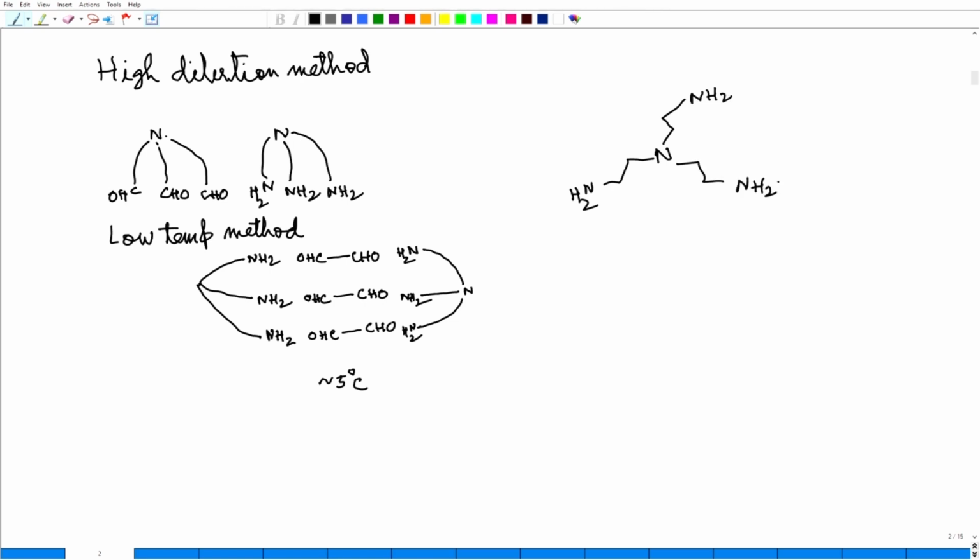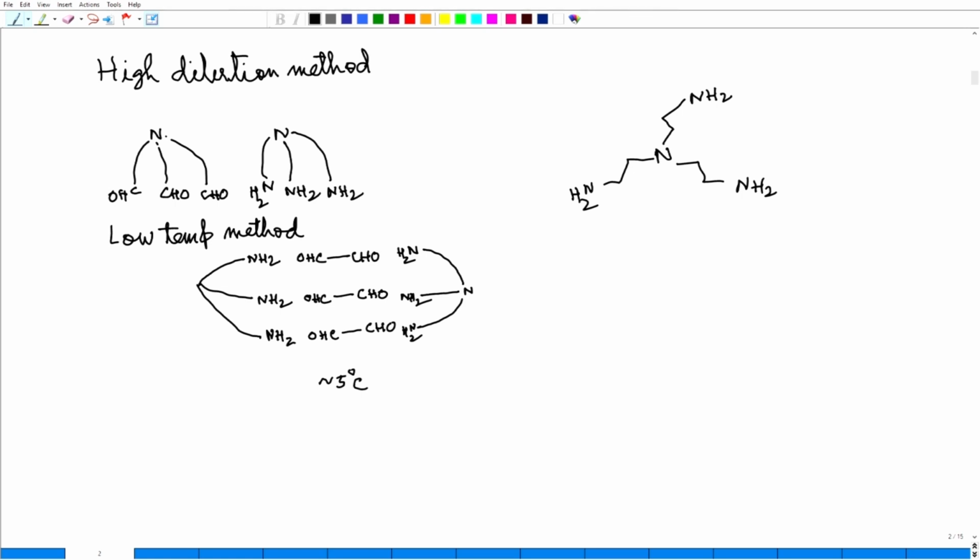At room temperature, if you put it in a solution, this amine is moving all three arms, but if you lower the temperature, the degrees of freedom of movement of these three will be drastically reduced.